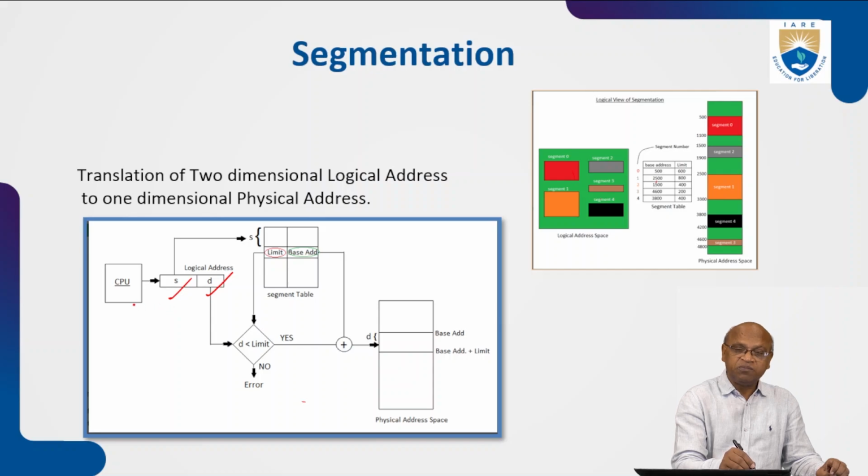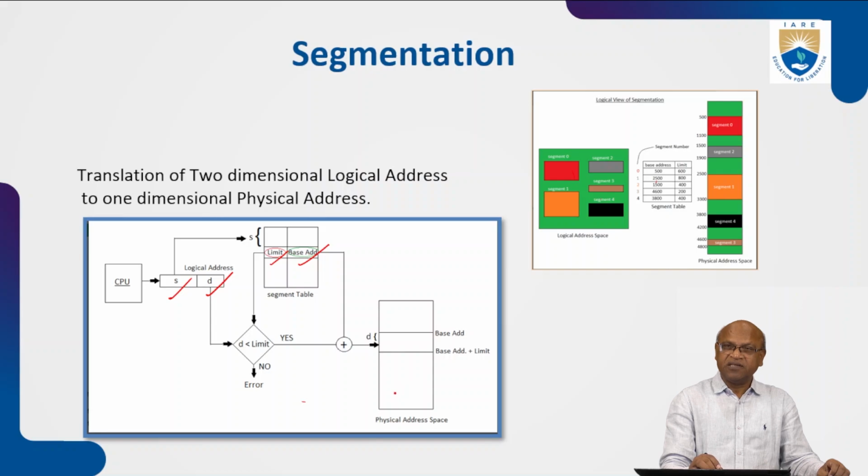If you look at this, the CPU will generate this logical address. The logical address goes to the segment table, to whichever segment it falls in. That gives the limit and the base address, and this is the offset address.